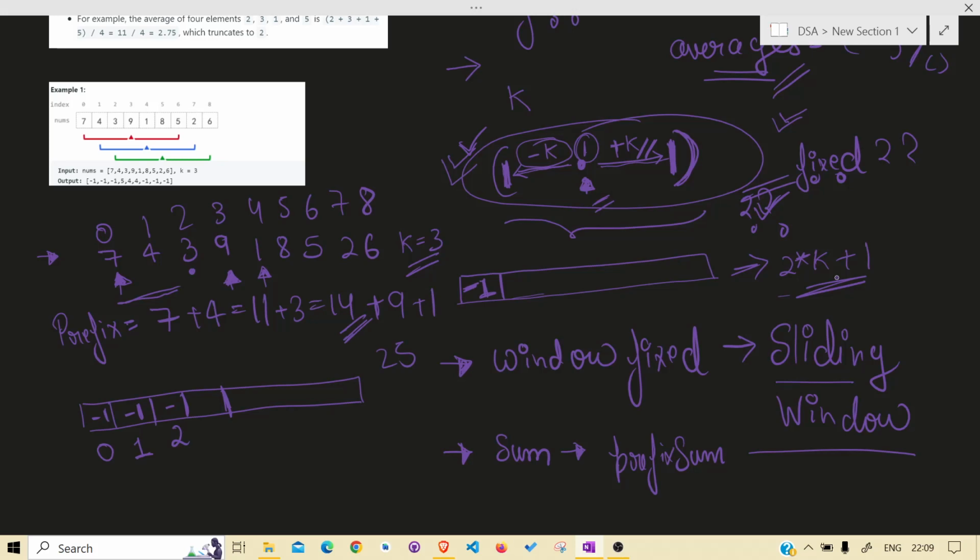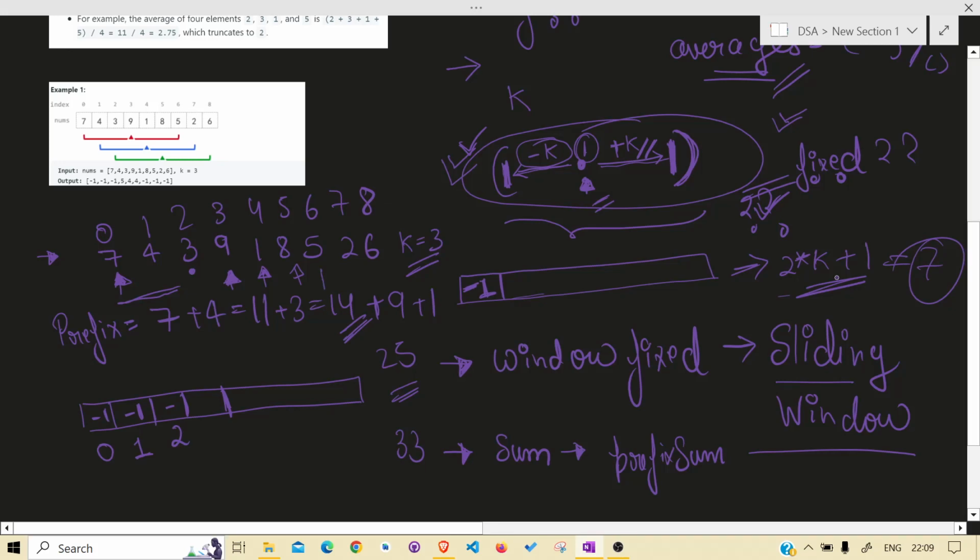We have to go to k plus 1, the window is 7 and 10, 25. Again 8. How much will it be? 8, 8. It's 5, 30 and 4, not 3, 33 and 5. It's done. It's 5 and it's 38. I guess it should be correct.